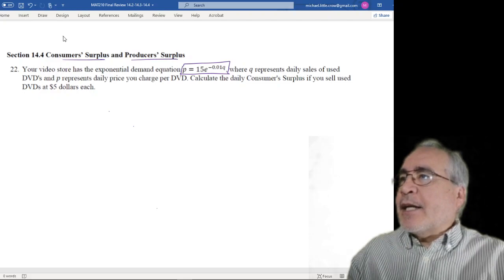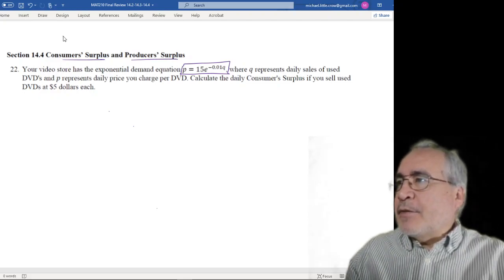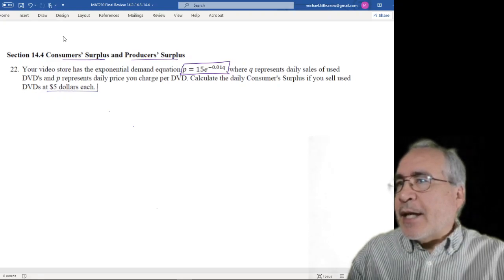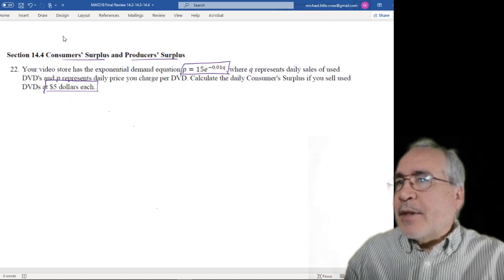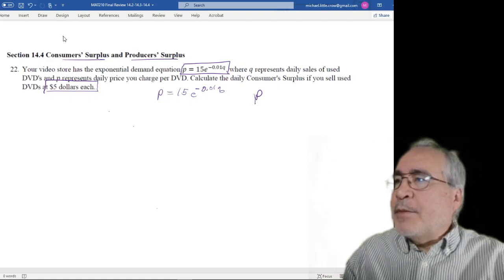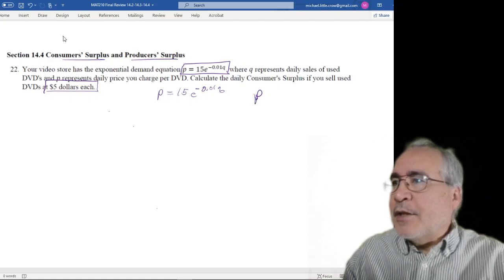And calculate daily, if you sell, use DVDs. So this is the price they're going to sell it at. So our two functions are P equals 15e to the minus 0.01 Q, and this P, this is a special P that they're going to set it at.